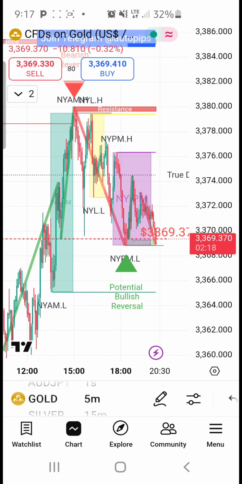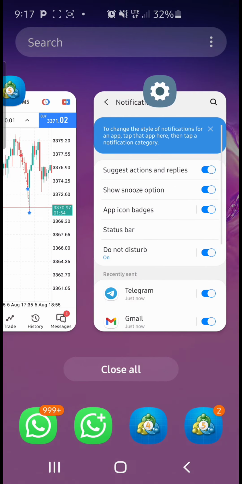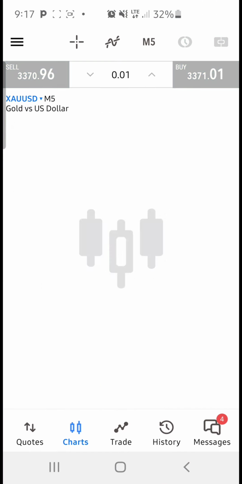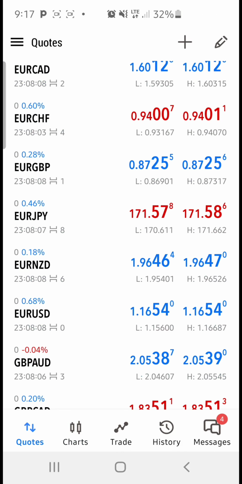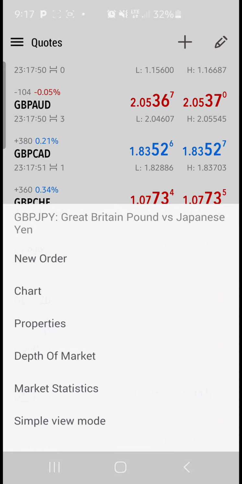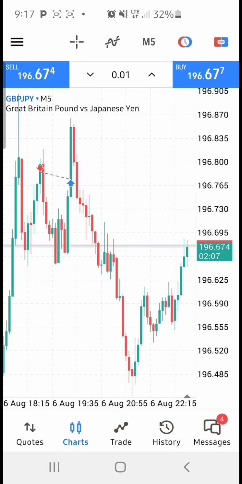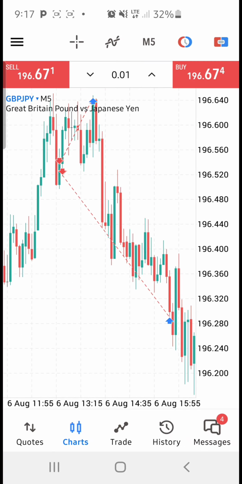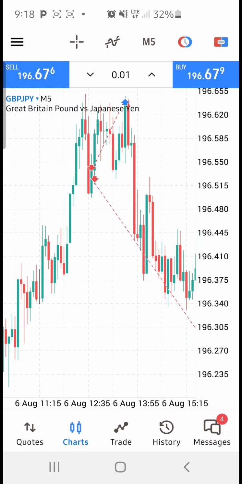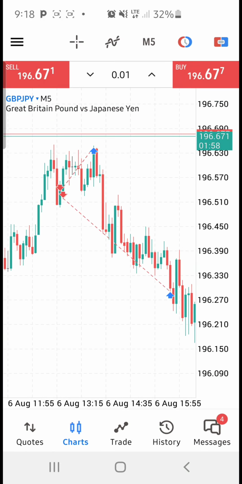Though I picked some trades myself today. Let's see. Okay, I picked a JPY trade today, just to show that this works. The first one was during the London session. I opened 2 positions. One was unfortunately stopped out.